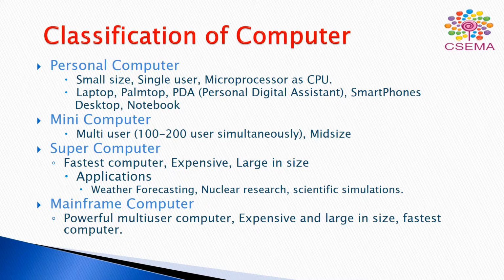A personal computer is a small-sized, single-user computer, and it can be easily portable from one location to another, like our smartphones, mobile phones and laptops, which we can easily carry in our bags, and palmtop, notebook, and the PDA, personal digital assistants, and any other desktop applications that use a microprocessor as its CPU, central processing unit element.